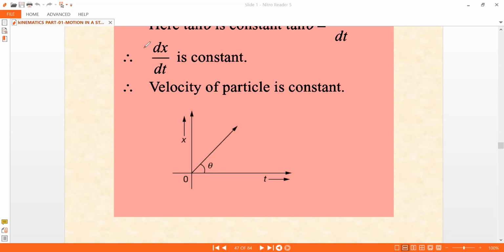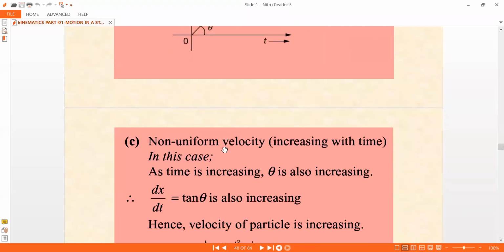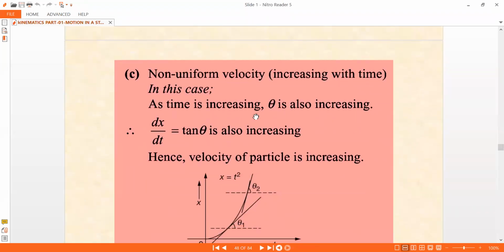So let's move on further. Non-uniform velocity, that's increasing with time in this case. As time is increasing, theta will also be increasing. This is the important point here. Velocity is increasing with time, and dx by dt is tan theta, that is also increasing.